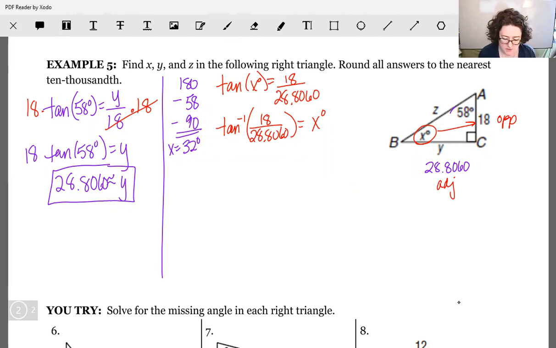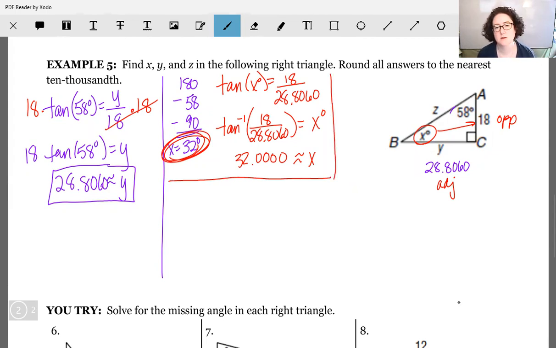So usually you don't want to put decimals inside a fraction, but your calculator can handle it. And I'm getting out that x is approximately equal to 32.0000. We got out the same answer. Does not matter which method we use. I'm going to stick with that exact version though, because again, the more exact we can get, the more exact our final answer will be.